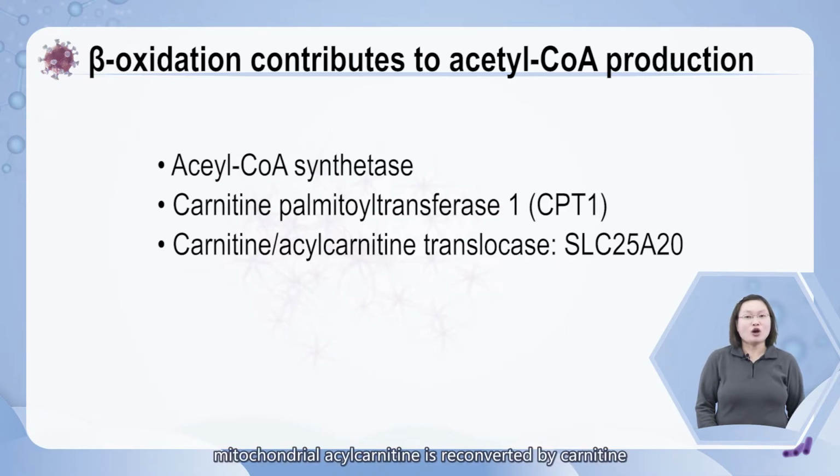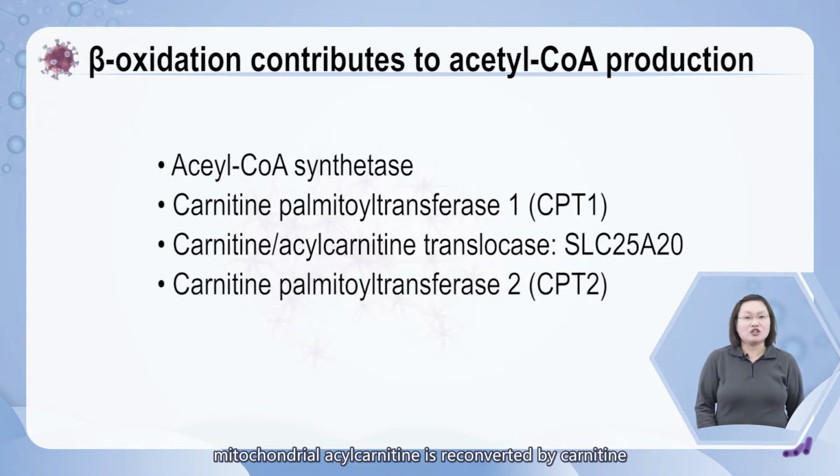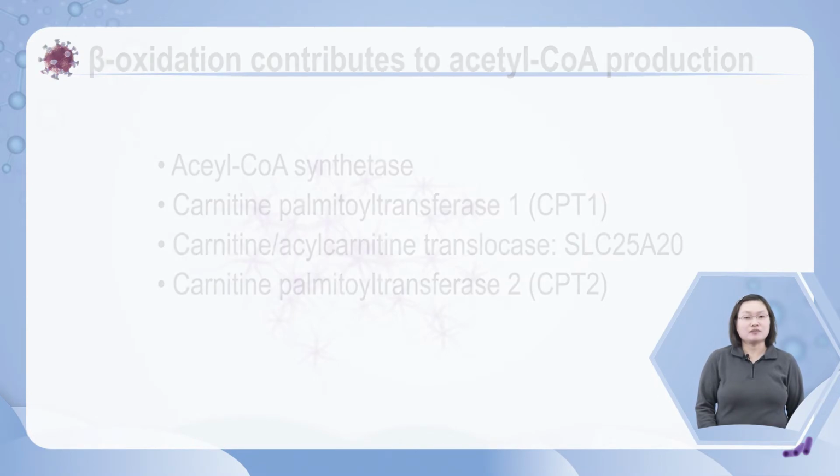Finally, mitochondrial acylcarnitine is reverted by carnitine palmitoyltransferase 2 (CPT2) into L-carnitine and acyl CoA, and later undergoes beta oxidation to generate NADH and acetyl CoA for use as direct and indirect, respectively, respiratory substrate.